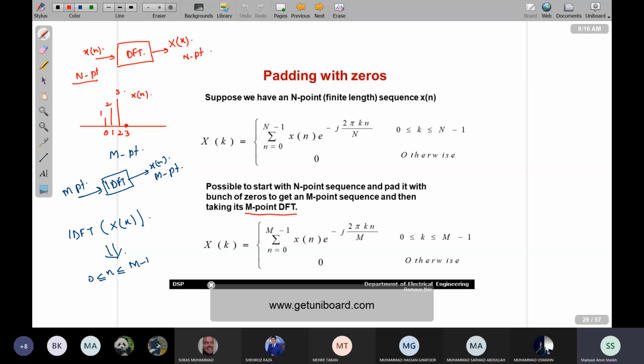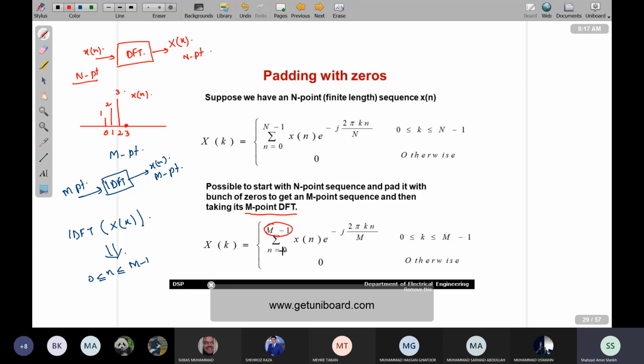That's important. Now you will be taking the m point DFT, which is defined as x of k is equal to the sum from 0 to m minus 1 of x of n exponential minus j 2 pi. Now is it audible? Yes sir, it is audible now.